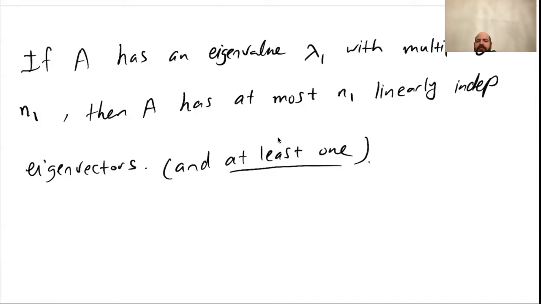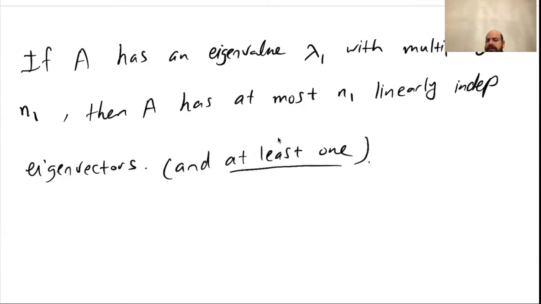So for example, if an eigenvalue has multiplicity 1, which means lambda 1 is a single root of your polynomial, then that means at most one linearly independent eigenvector. It's also at least one, which means it must have exactly one linearly independent eigenvector.